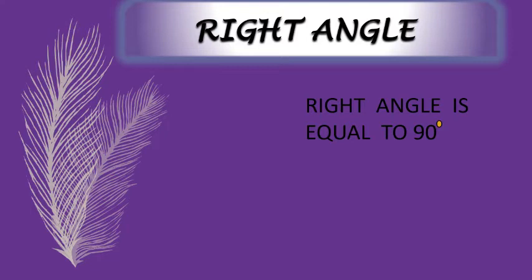Let's understand this with an example. We have a ray whose initial point is A and extended point is B. And from that initial point A, we have a perpendicular line on AB, ray AC. As you have already read, if any line is perpendicular to another line, it makes an angle of 90 degrees. So basically angle CAB and angle BAC is equal to 90 degrees.